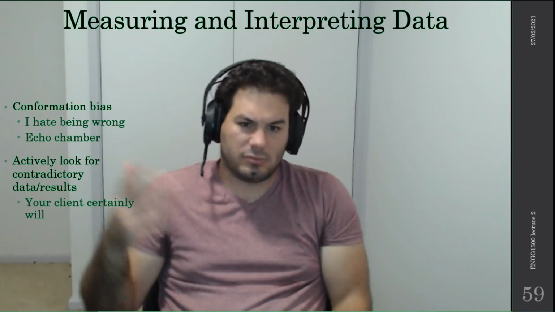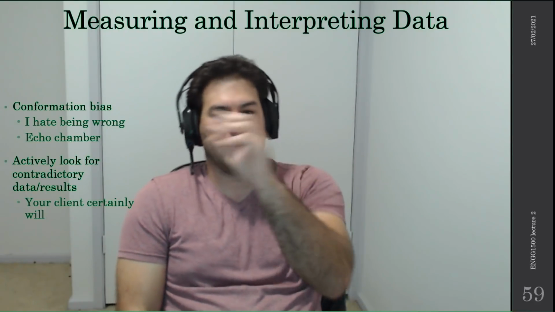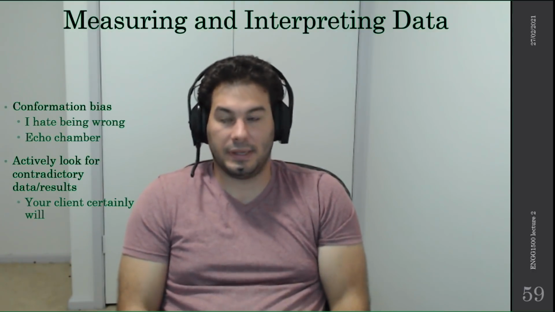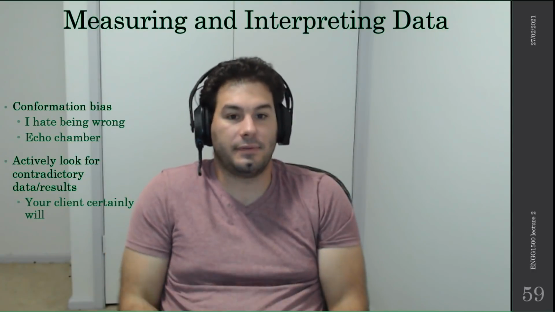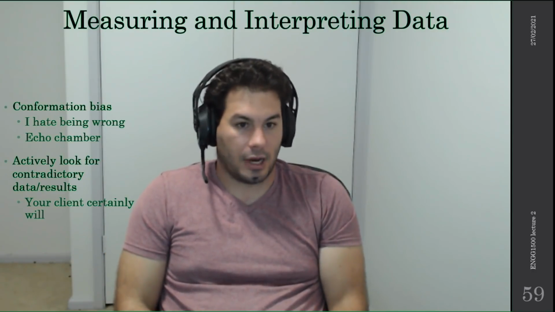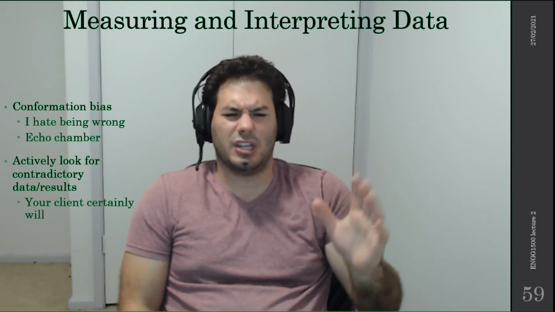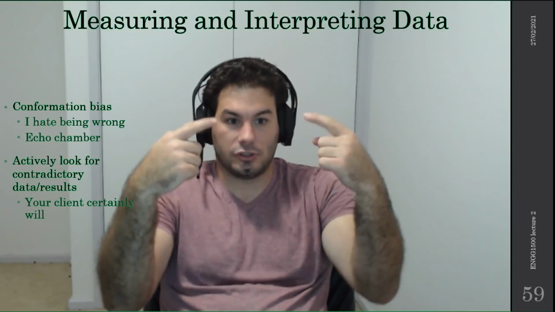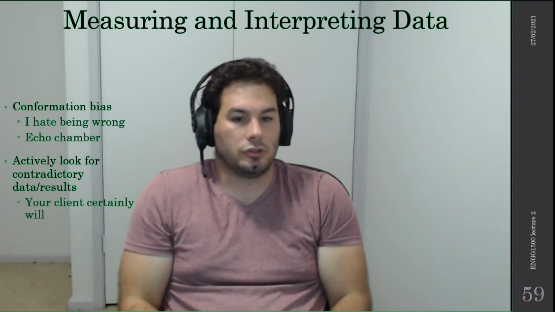Okay, so just to clarify a little bit of that, measuring and interpreting data, when you get it, there's a thing called confirmation bias. You will believe data that backs up the things that you already want to believe more than data that contradicts yourself. They're called echo chambers. This was a huge deal with media, that it will keep showing you things on social media that are related to your searches, which reinforce things that you already believe and don't expose you to contradictory evidence.